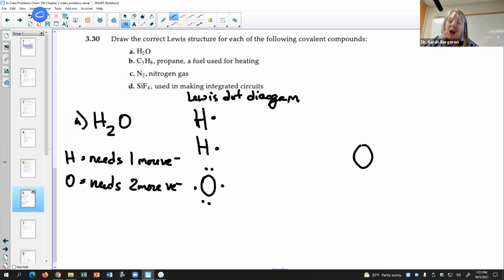Okay. So I'm going to put oxygen in the middle, and I'm going to put hydrogen around my oxygen. And put in your dots, just like you did on the dot diagram, right? What happens to create a covalent bond? Oxygen is going to share an electron with hydrogen. Hydrogen is going to share its electron with oxygen, right?